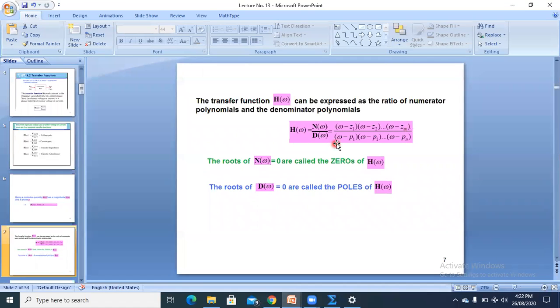Similarly, we have the polynomial here. So this frequency response is divided into the numerator polynomial and denominator polynomial in the form of roots, and the roots of the numerator are the zeros of the circuit. So these are the zeros of the circuit, and these are the poles of the circuit.